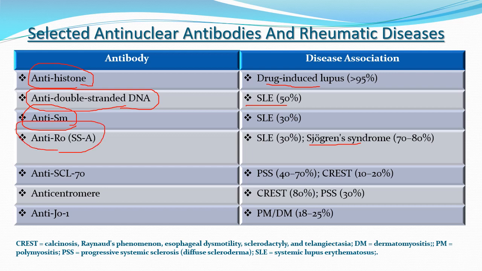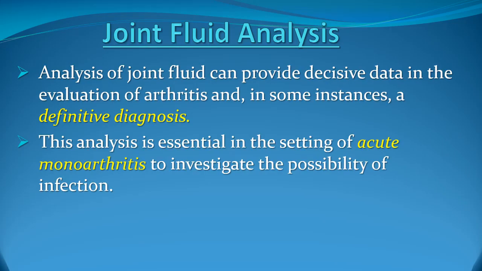And in cases of progressive systemic sclerosis or scleroderma, you will find an autoantibody called anti-Scl-70. And in certain cases of polymyositis and dermatomyositis, you will find a specific autoantibody called anti-Jo-1 antibody. So it's a good thing to remember these autoantibodies, because according to the rheumatologic disease that you are suspecting, you will know which antibody screening test you shall be using.